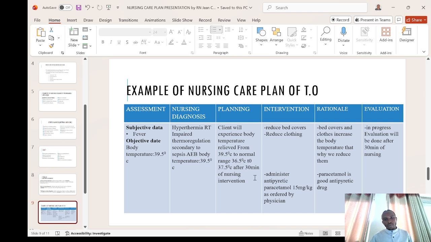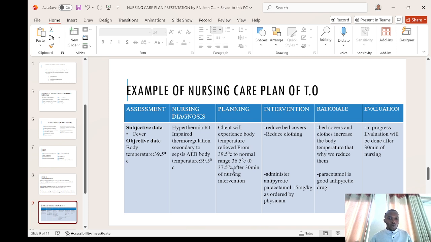So this objective of ours, you see that it is SMART. It is specific. We are specific to the problem, which is to reduce the temperature. The problem we're having here is a fever, so we are specific to the problem. It is measurable because we say that we will take the temperature from 39 to normal ranges, so it is a measurable objective.